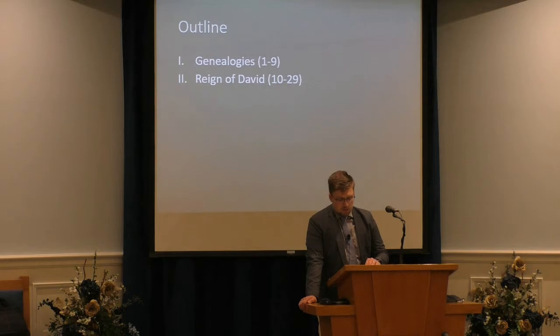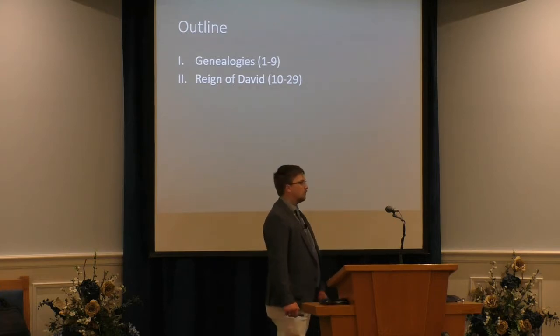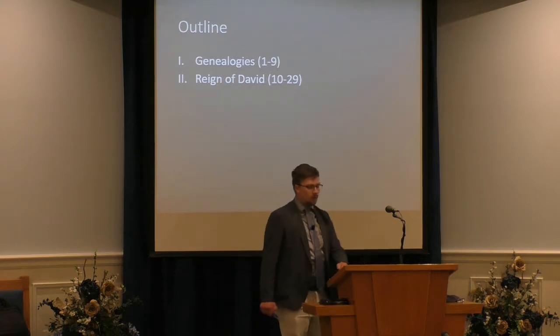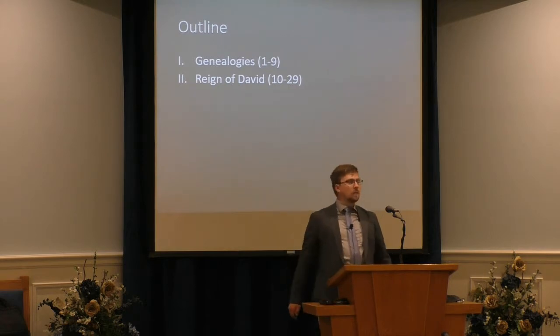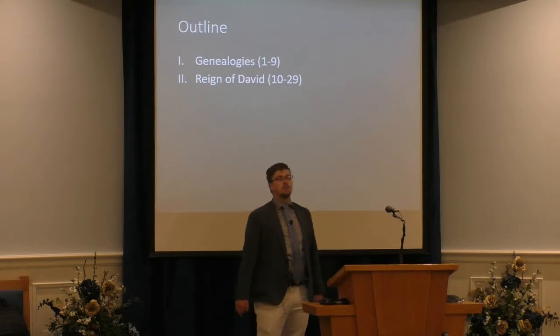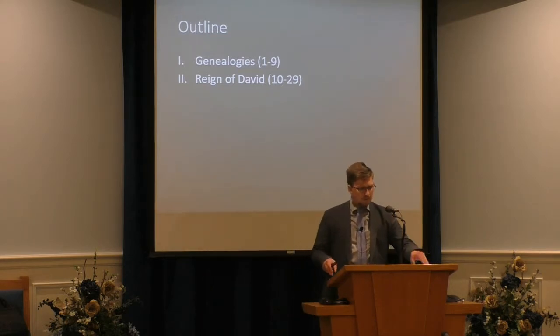And then the sons of Simeon, beginning at verse 24 and going through the end of the chapter. Again, it's a long list of names. We'll not spend any more time there because we have a lot to get through in 1 Samuel 8 through 11 this evening.